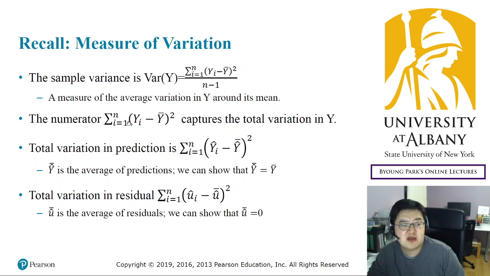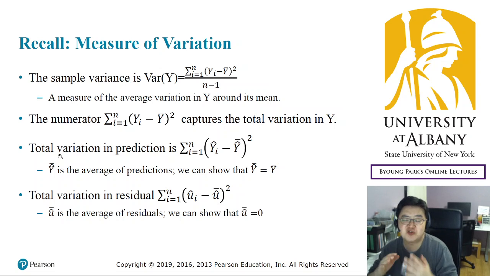If you can accept that this measures some kind of variation in y, though I'm not saying this measure is the only one or the best one, then we can proceed. Using the same idea, in your prediction, you can calculate the variation in your prediction, right?